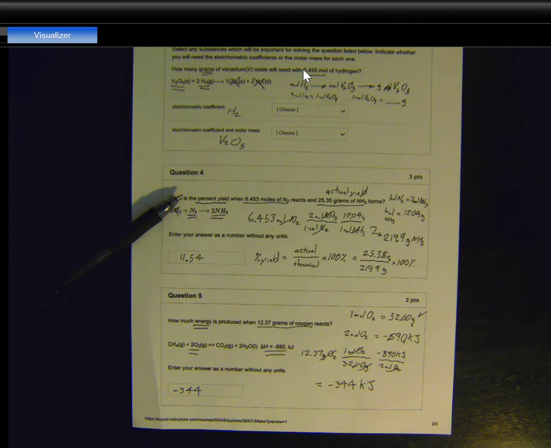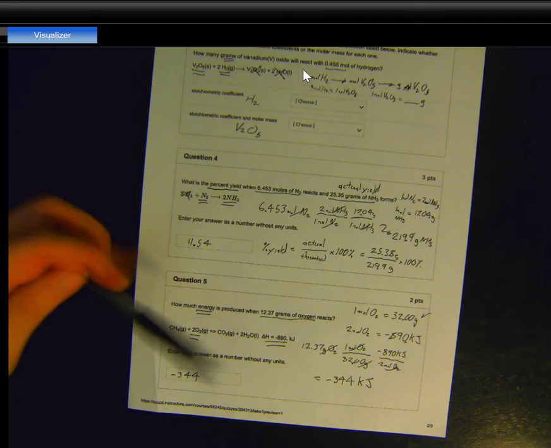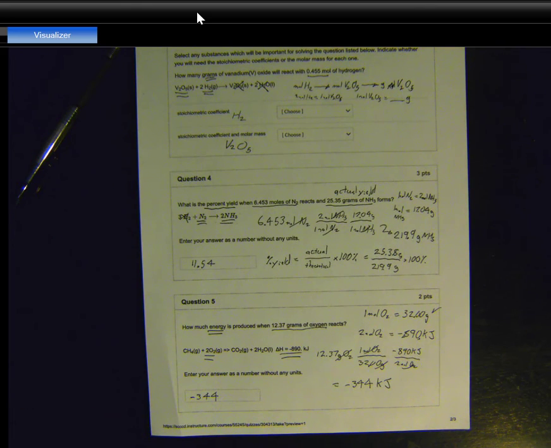You could do mass to mole to mole to mole. So don't try to memorize exactly the steps. You want to understand how we do the conversions and how we select them, and they'll be different for each problem. So don't think of memorizing each of these as the way to do well. Think of: do I know what a conversion factor is and how to decide what the right conversion factor is for the problem that I'm looking at.